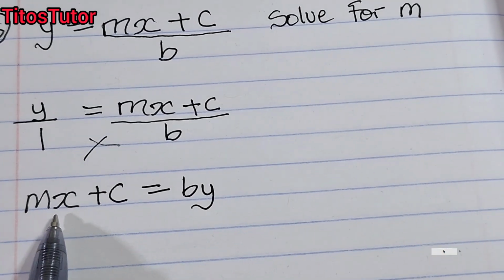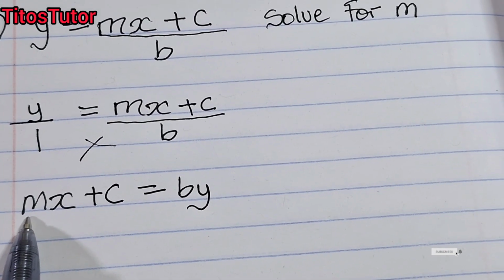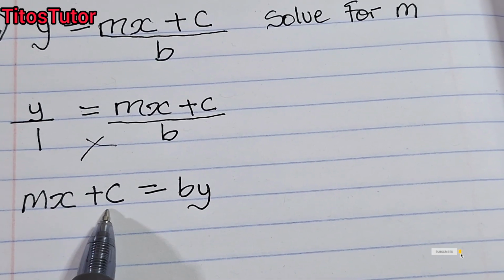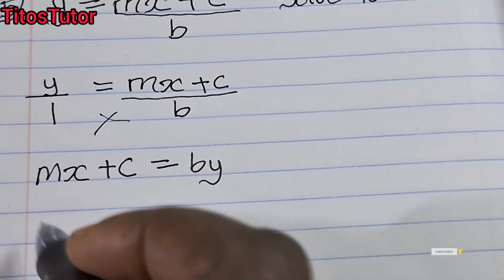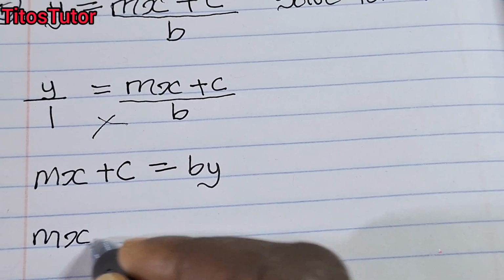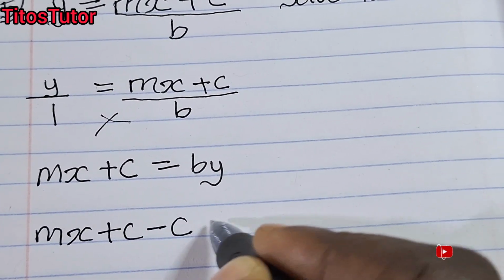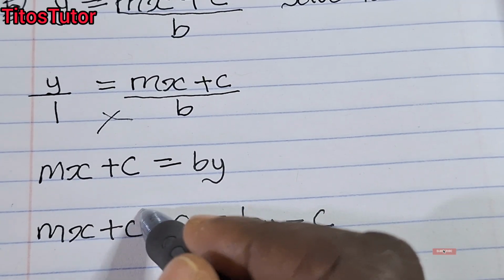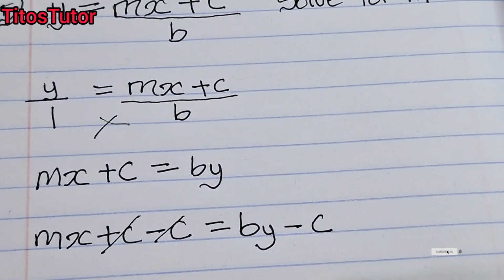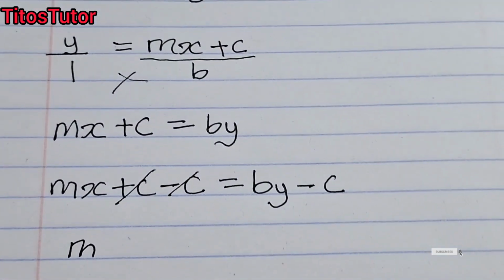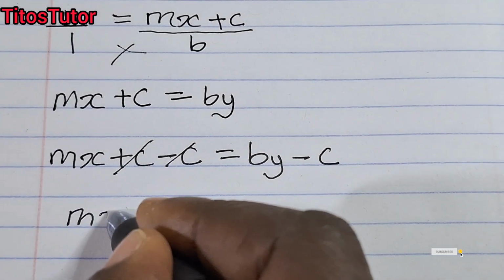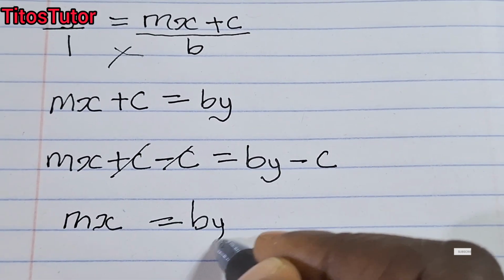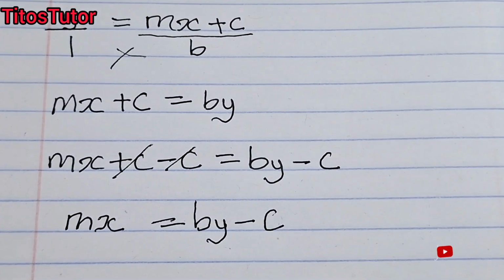Remember, I am making m the subject of the formula, so I need to get rid of the plus c by subtracting c from both sides. So I have mx plus c minus c is equal to by minus c. So this cancels this. I'm left with mx is equal to by minus c.